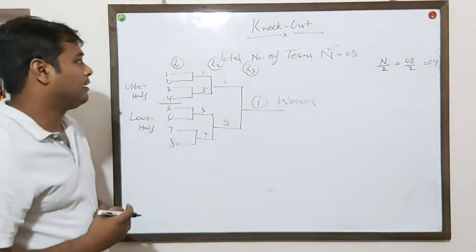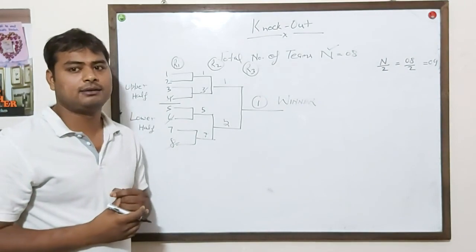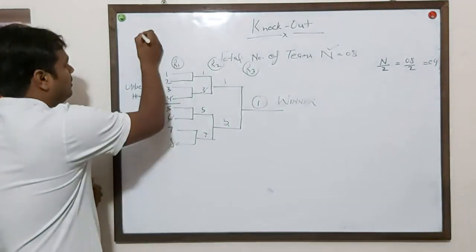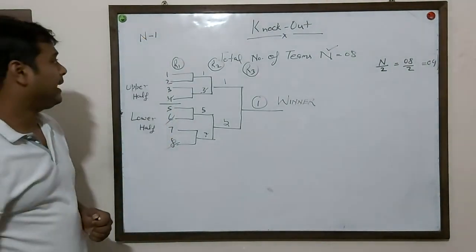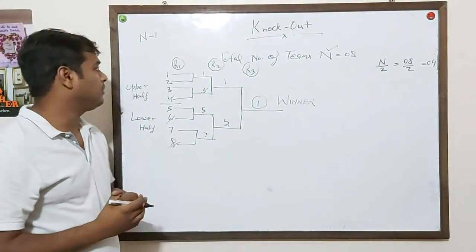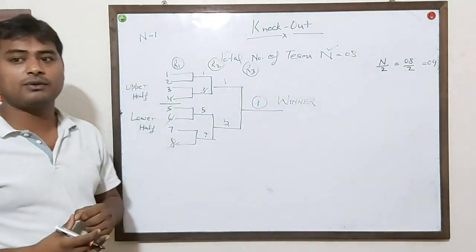One more thing, for knockout tournament, the total number of matches. The formula is very simple: n minus 1, where n is the total number of teams, means 8 minus 1, which is 7.